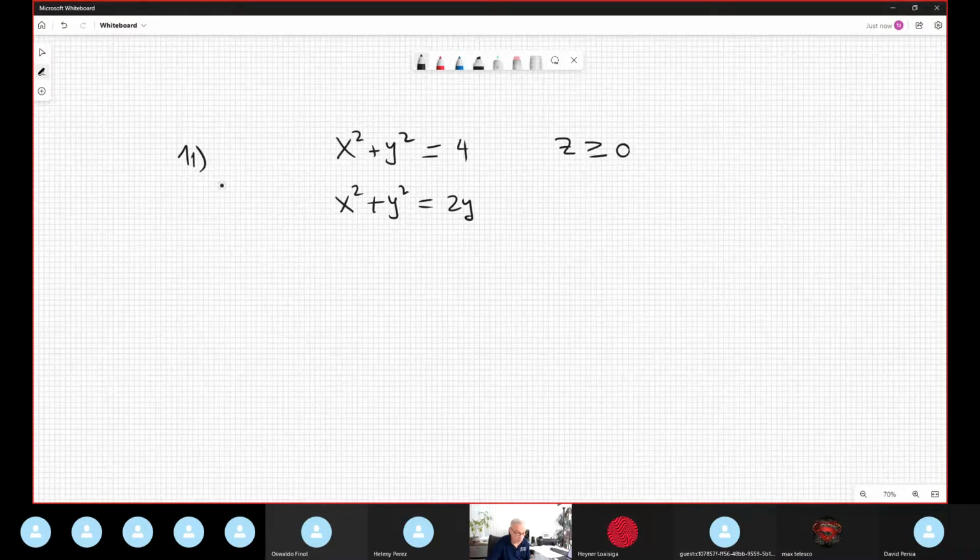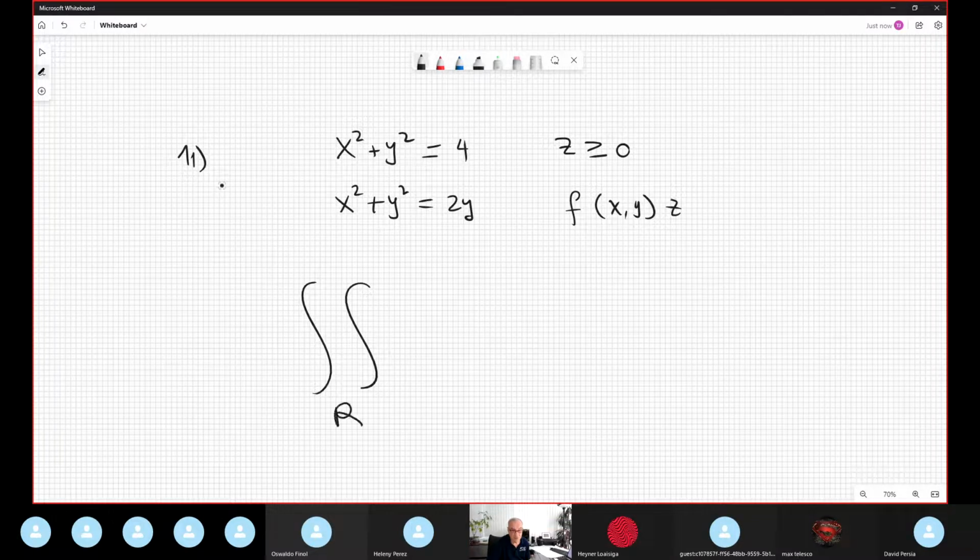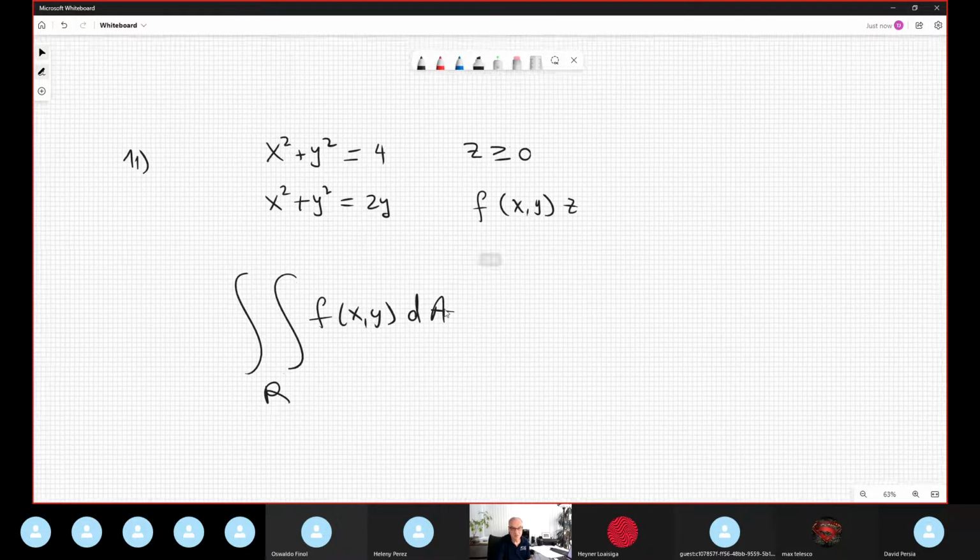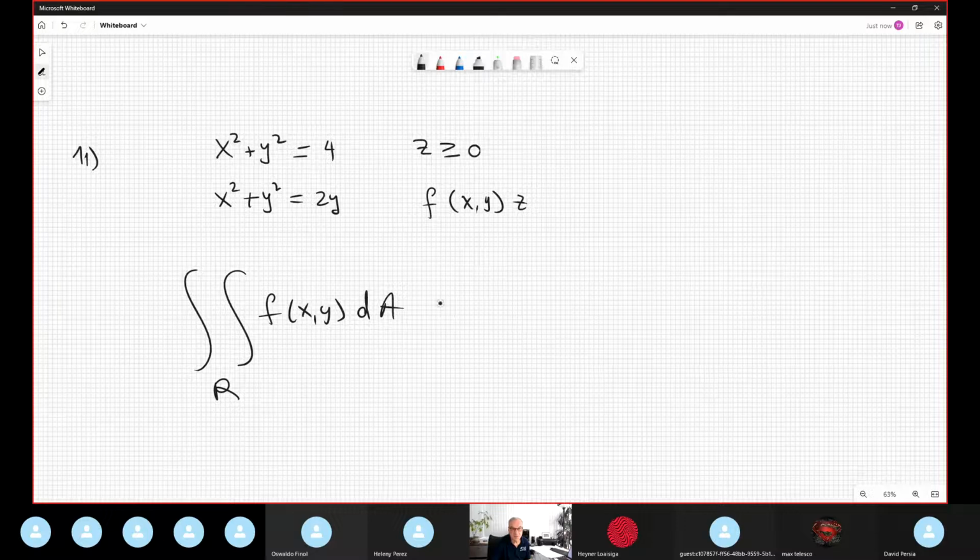The function is a hypothetical function f of x, y. So I need to set up this double integral over the region R of f dA, generically.